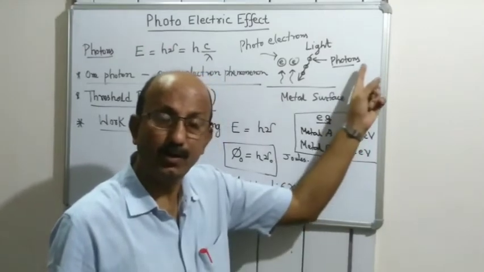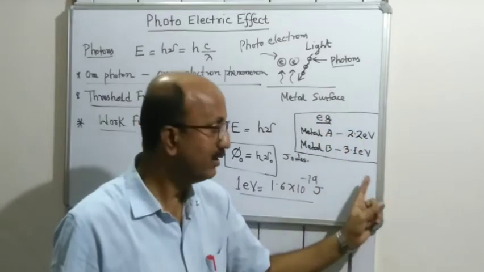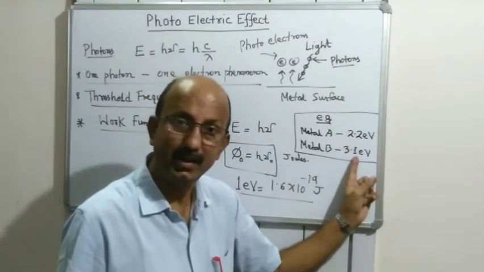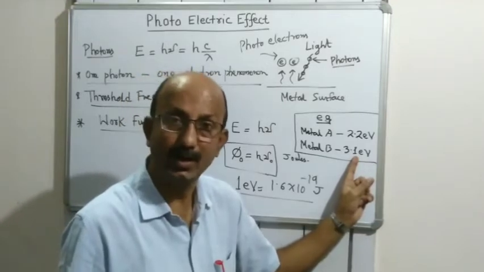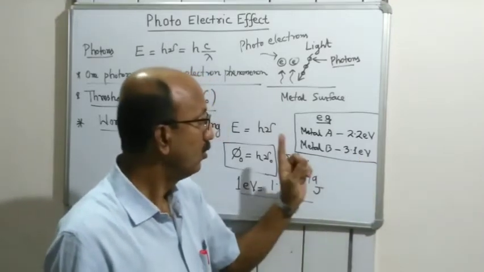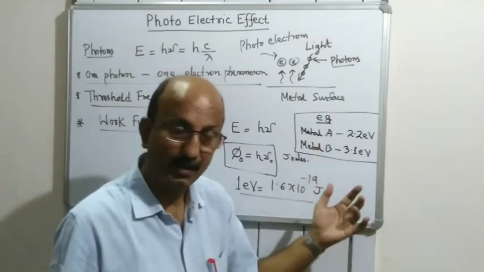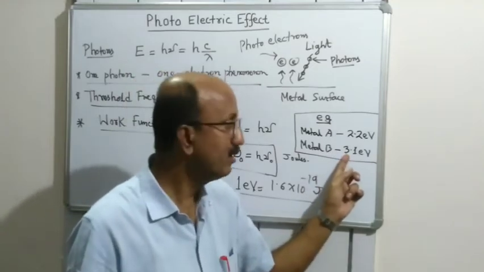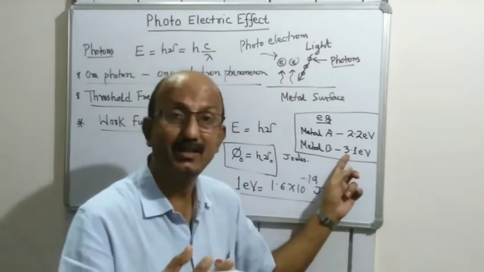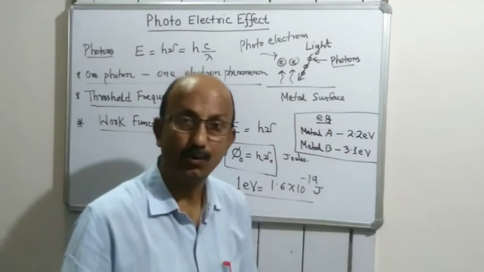If the light which is falling on the metal surface B has energy less than 3.1 eV, then this metal plate is not going to emit any photoelectrons. So, work function of a metal varies from metal to metal, and work function simply helps us to understand what is the minimum energy of incident light required so that this plate is able to emit photoelectrons.